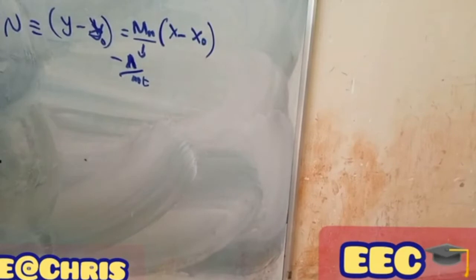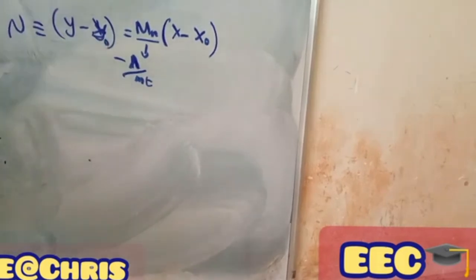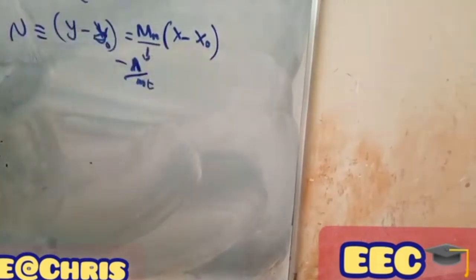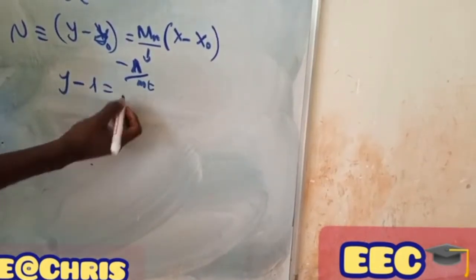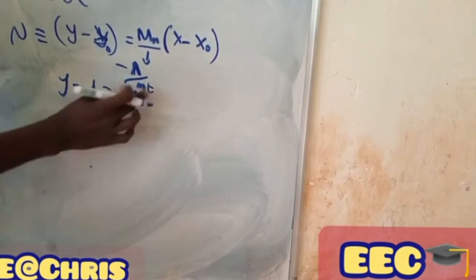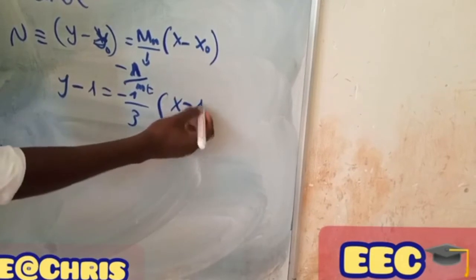Here y0 is equal to 1 and x0 is equal to 1. Then y minus 1 equals minus 1 over 3, this is the value of mt, times x minus 1.